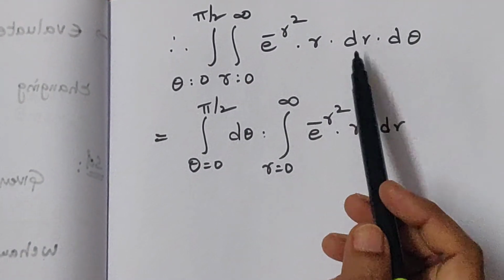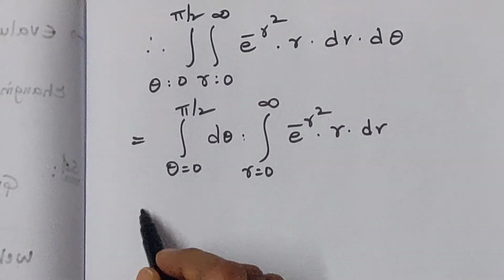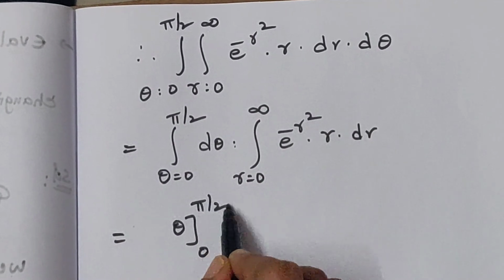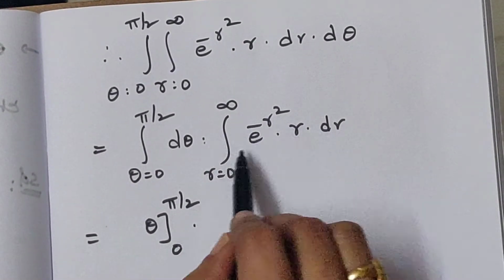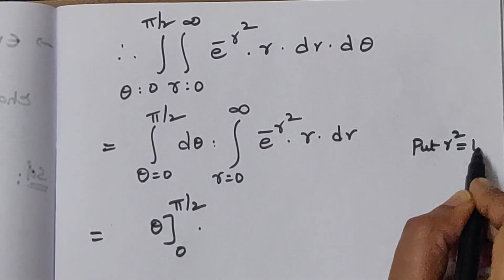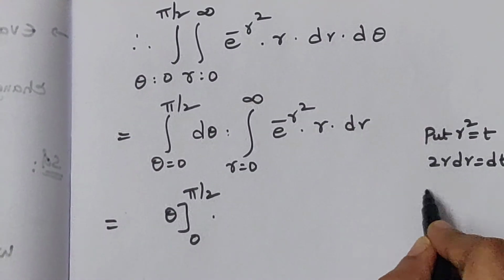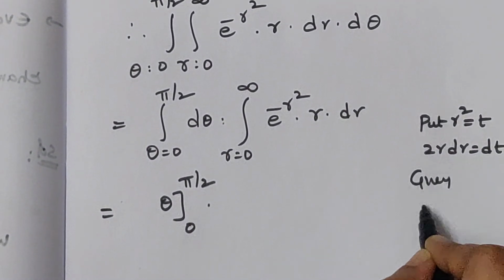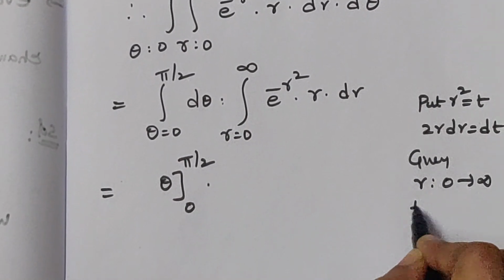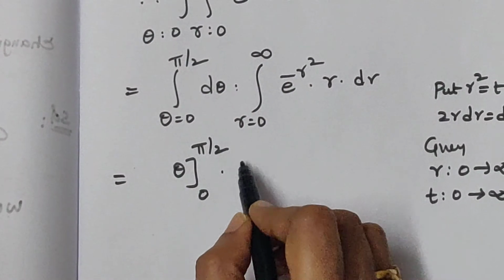Individually we are able to write it down like this. Or you may do first with respect to r integration and later with respect to theta. No harm in it. Here integral d theta, theta limits 0 to pi by 2. And to evaluate this integration, take the substitution: put r square equal to t. 2r dr becomes dt. Here given r limits 0 to infinity, so automatically according to our substitution, t also has limits 0 to infinity.